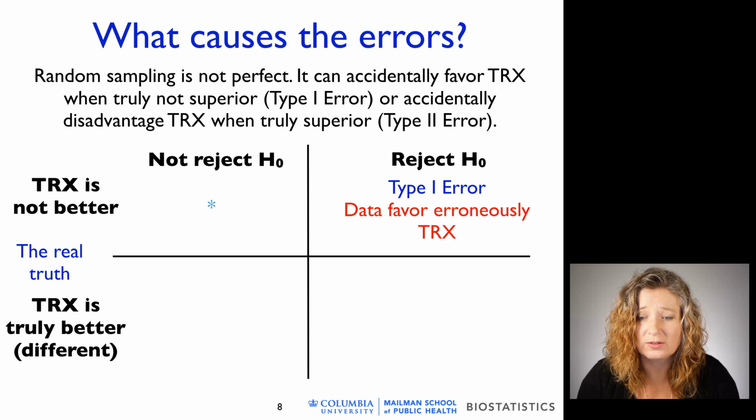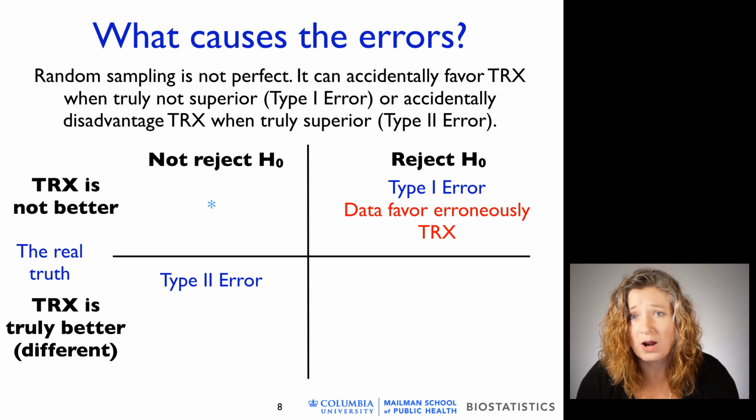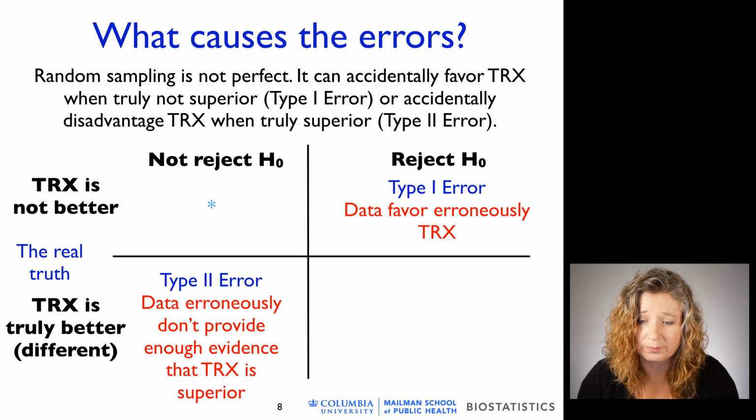So type 1 and type 2 error are because of randomness, because of the chance error, because of the random sampling. And data can erroneously favor TRX in case of type 1 error, or data can erroneously not provide enough evidence that TRX is superior in case of type 2 error.